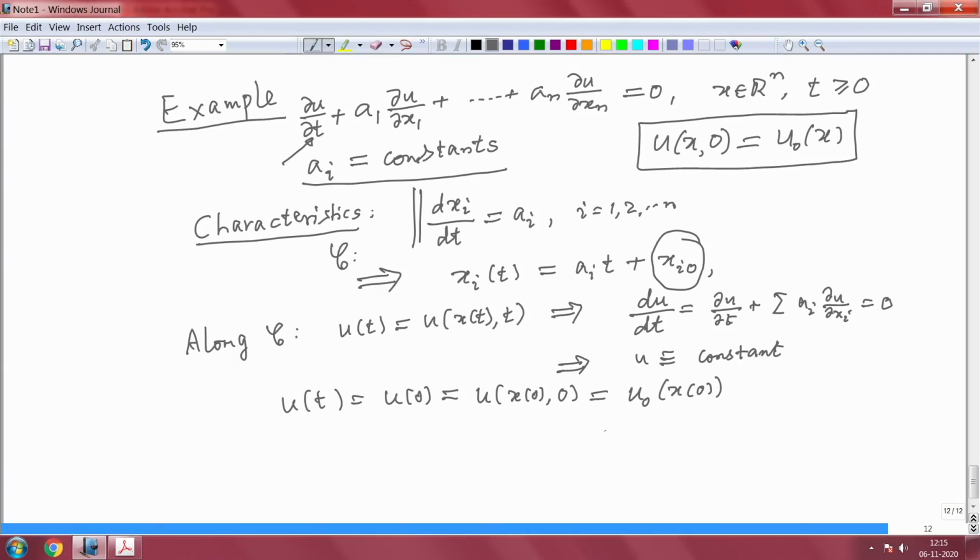So, if I express that, you just get u 0 of x minus a t. So, exactly similar to the one dimensional case, that means n equal to 1, but the only thing is now x is in R n.